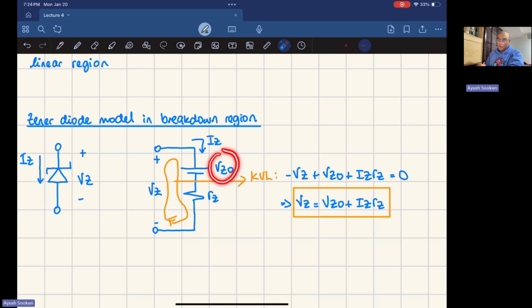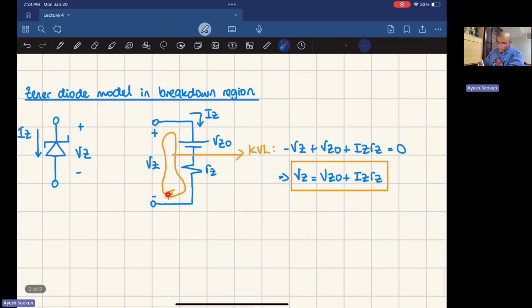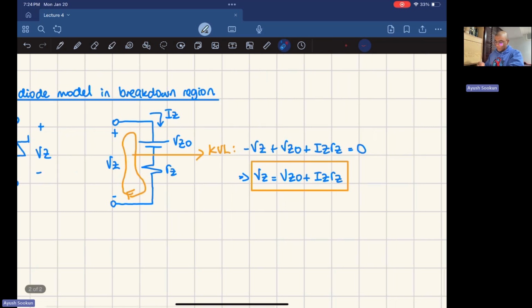This voltage is not VDO, it's VZO because we're talking about a Zener diode, and this will be RZ for resistance. And the voltage across it, VZ, will still be the same. Now, if I do a small KVL around this loop right here, we have that minus VZ plus VZO plus IZRZ equals 0. So I can write VZ in terms of the Zener diode elements, and we have this equation.